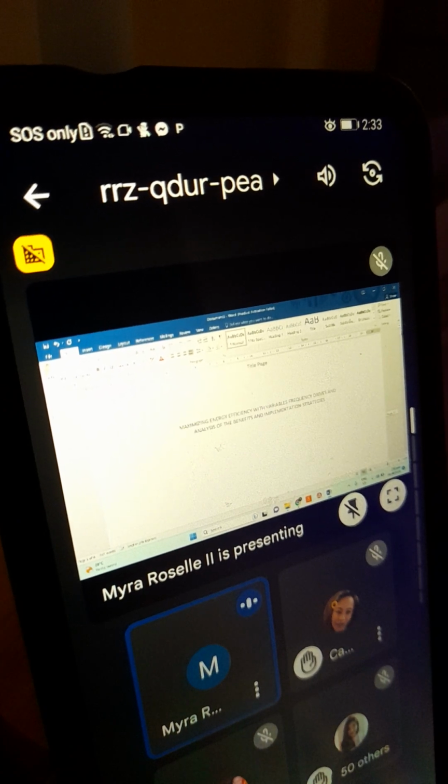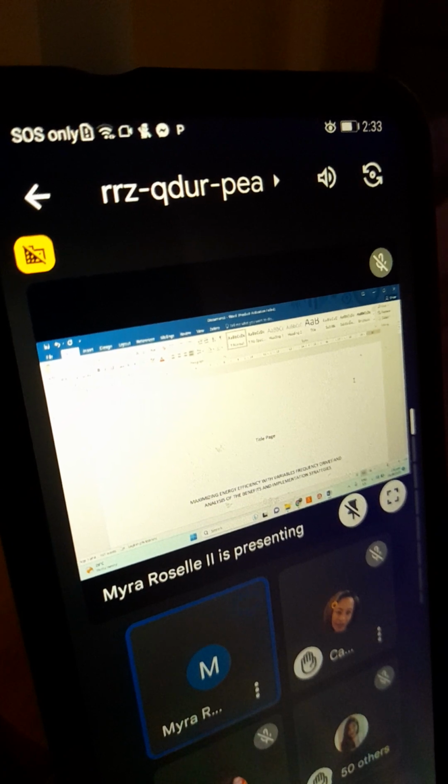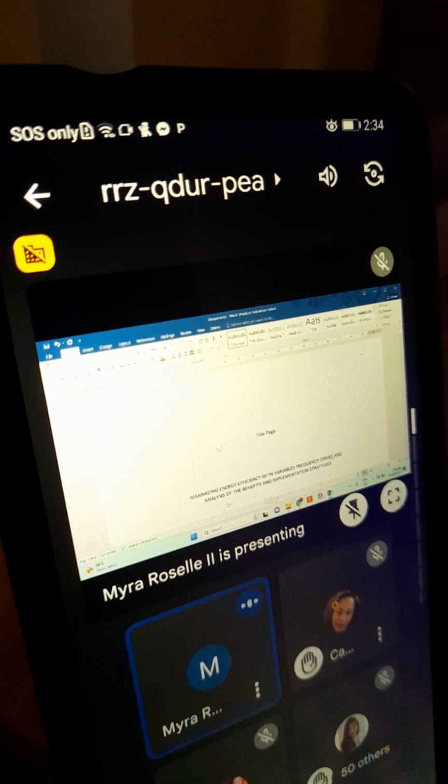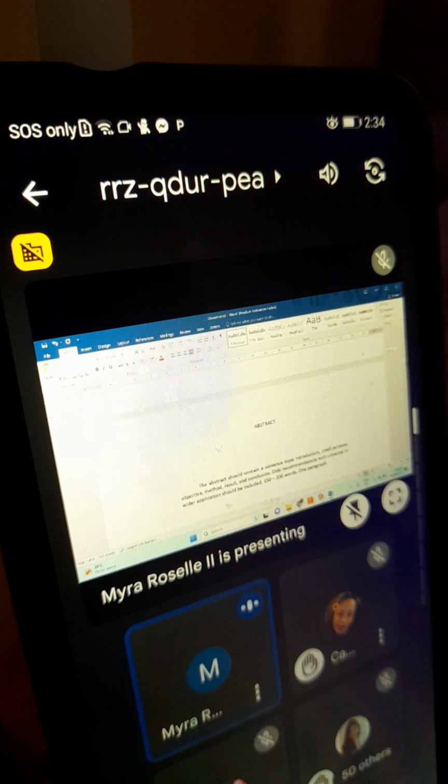So, again, title page, covered ang page number. Your page 2 is your approval sheet. Okay, naa na siya diri. Page 3, it's either is the abstract.